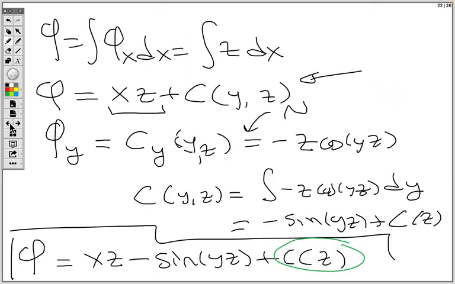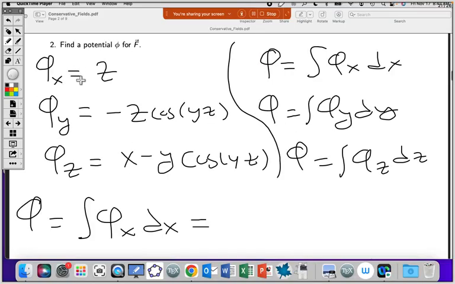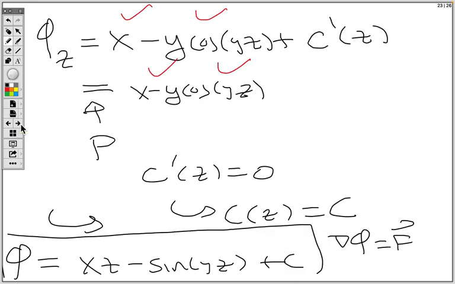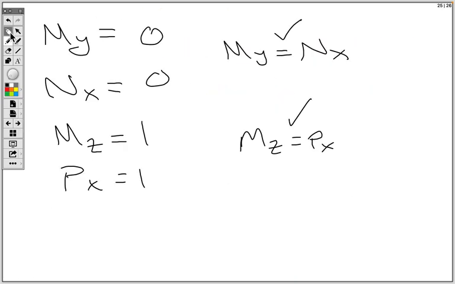Now, there is another way to go about finding potentials, where you just integrate this with respect to x, this with respect to y, this with respect to z, and then try to match up bits and bobs. And that's fine. When I learned it, I was presented this way, and I like it because it's pretty methodical. And by the time you get down to the end, you've kind of got the checks built into it.